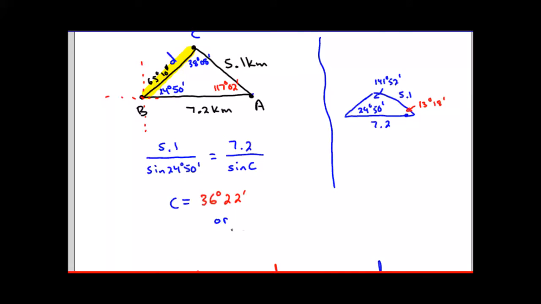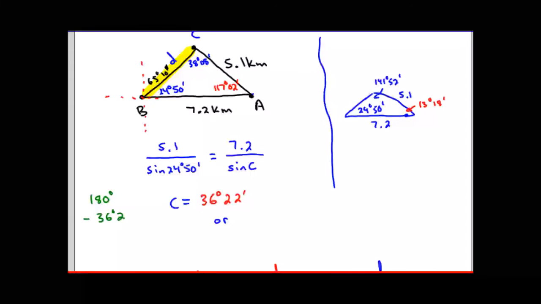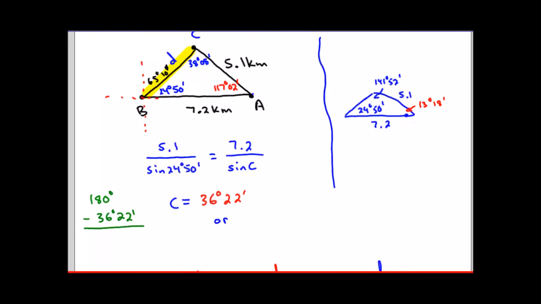This is going to have to be 180 minus that. Since I made a mistake, this might be a good time to show you that I could do this without a calculator. If I was going to do 180 degrees and subtract 36 degrees, 22 minutes, what I would do is borrow from this and make this 179 degrees. Since 1 degree is 60 minutes, I'd make it 60 minutes.